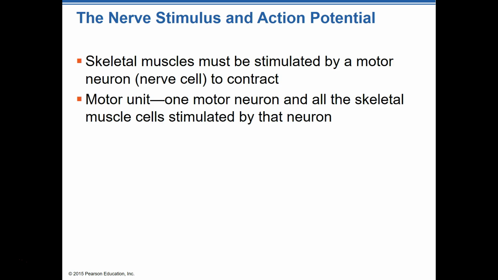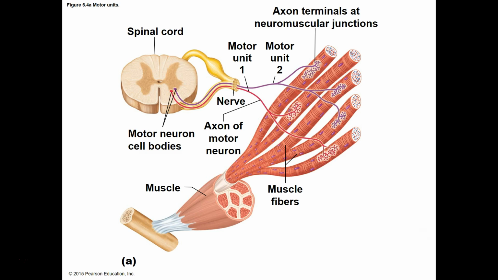That way we don't have to have a nerve going to every single individual muscle cell in the body. It can go to groups of muscle cells and be able to do the tasks that we want. And we can see that here where we've got two different nerves going to this group of muscles, but they're going to serve two different purposes.